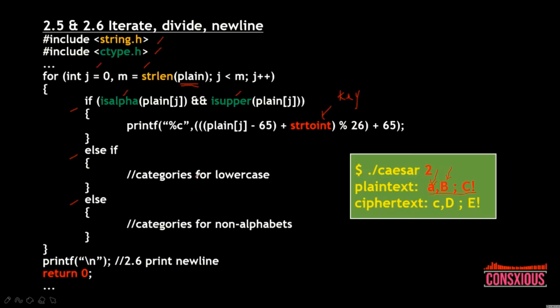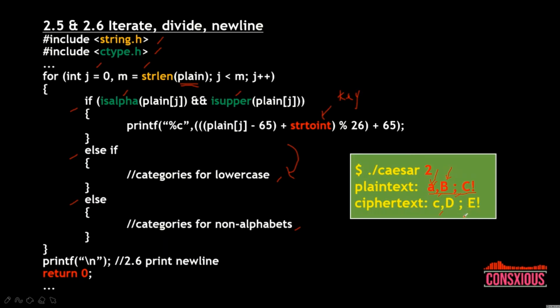Else if, so basically I do the first one for you. You have to try to figure out these two by yourself. This is almost the same concept. Besides these two, this is what we're going to print out here: non-alphabet as it is. You can see the non-alphabet is the same.